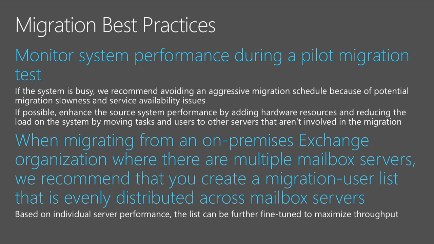Now, during migration, if the source system is often close to full capacity in terms of your regular workload, it's very important that you, again, find other endpoints or try to increase the amount of system resources that are available as well. So, for example, if you've got two servers, and one of them has 50% more availability than the second server, you would want to use the server that had that.